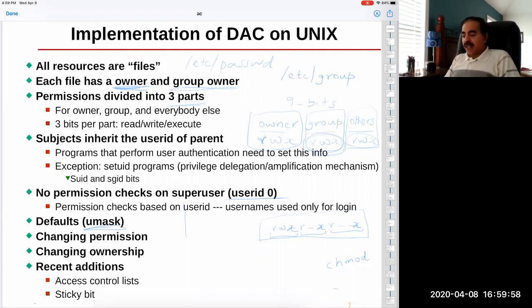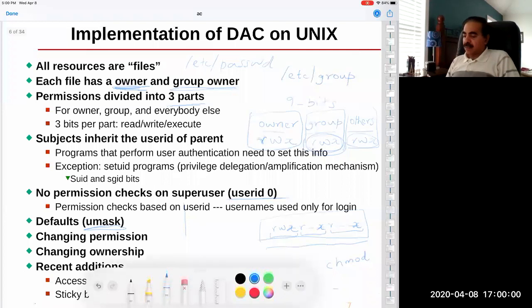There is no way to specify that using these 9 bits, because you can specify a permission for everybody else, or just the owner or the group, but you can't specify a policy for any single user. But access control lists allow you to do exactly that, because it's basically a list of access permissions, and each access permission consists of a user and the permissions. So you can list user 1 and give them certain permissions, user 2, give them certain permissions, and so on.